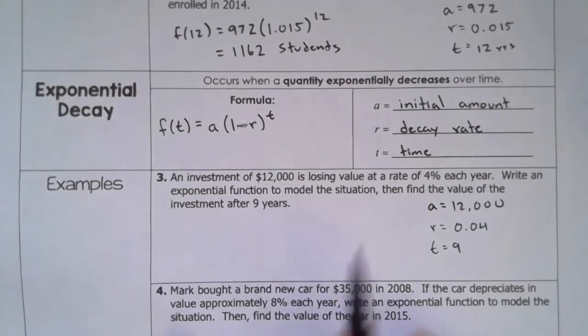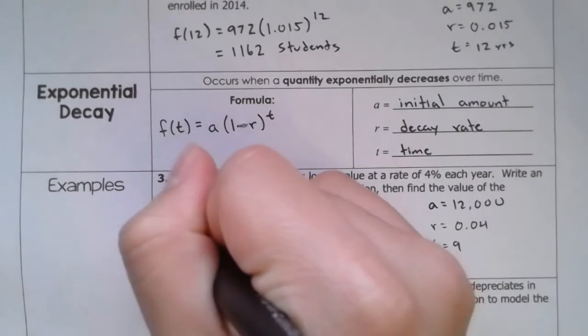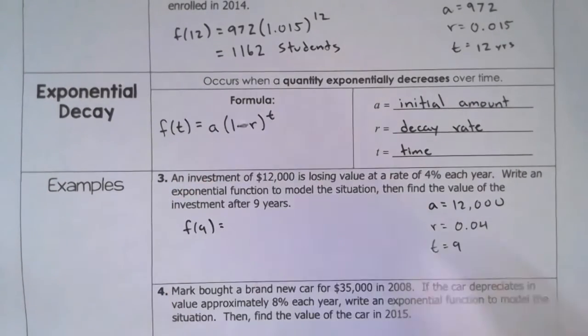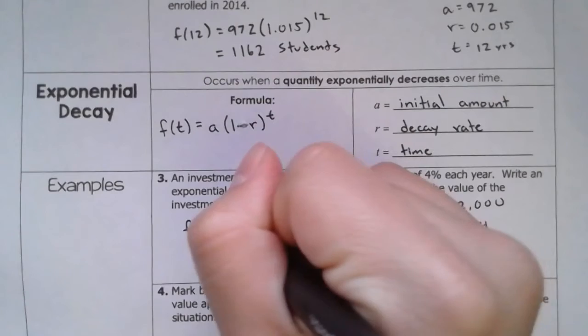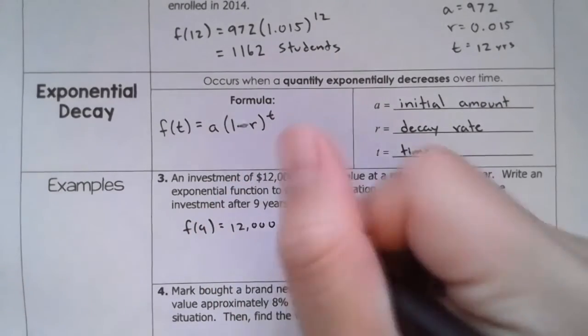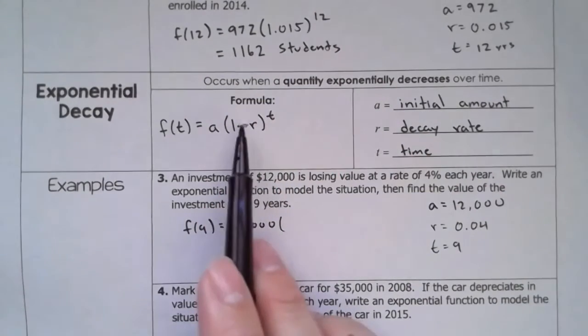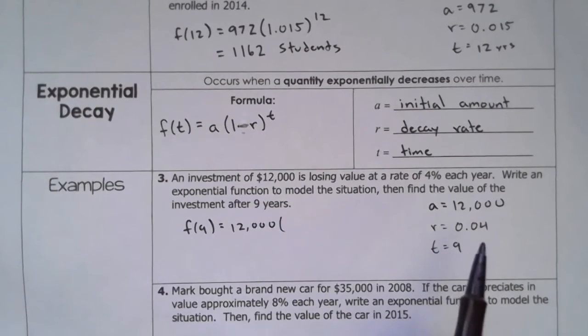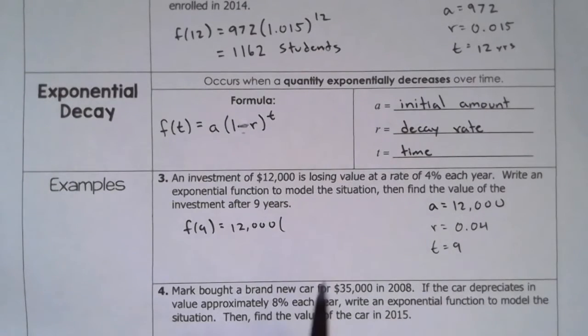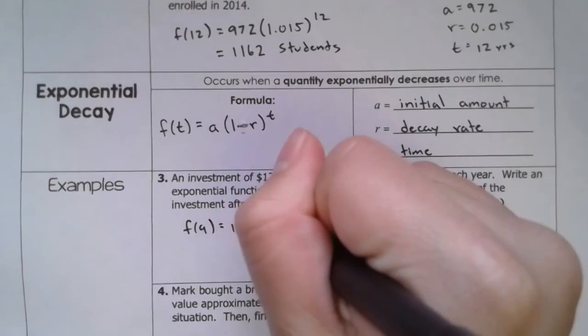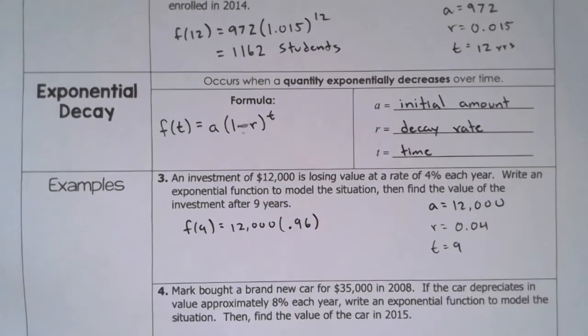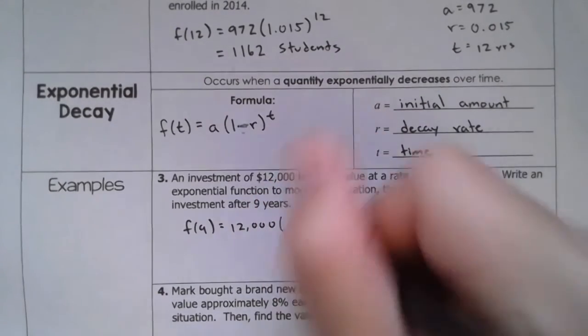So plug in, we have f of 9 is equal to 12,000 times 1 minus 0.04, and when you do this, you'll get 0.96 to the 9.